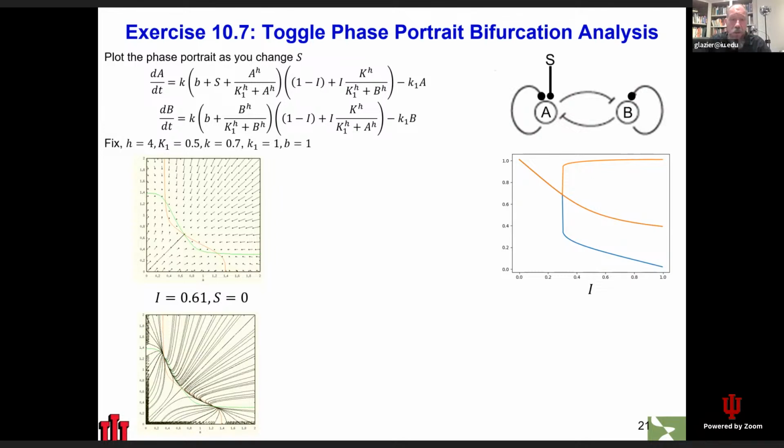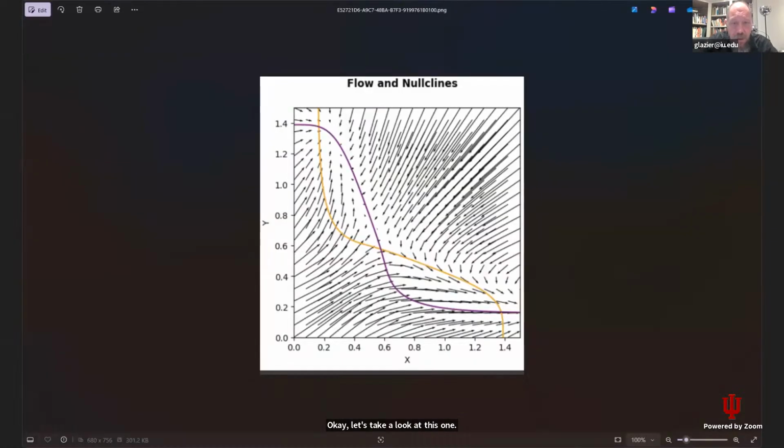Now, the way it's written, you'll have to change the value of S both for the null lines and for the plot, and you may have to change the scale of the X and Y axis, depending on the value of S used. So here, you didn't update the null lines to reflect the new value of S.